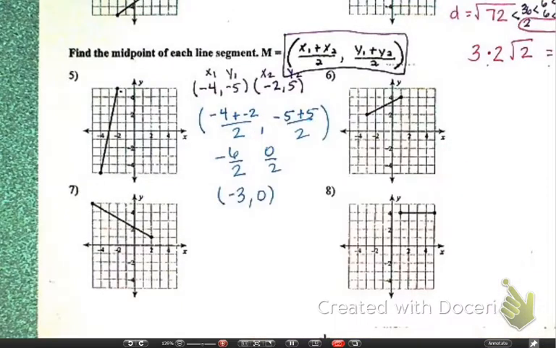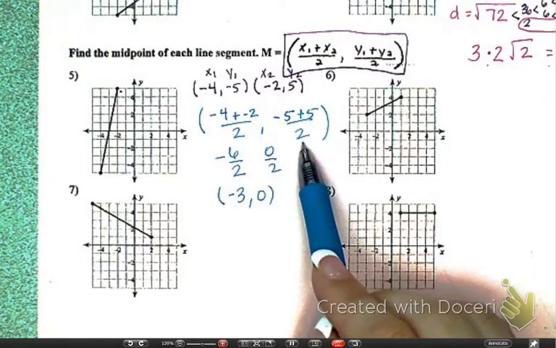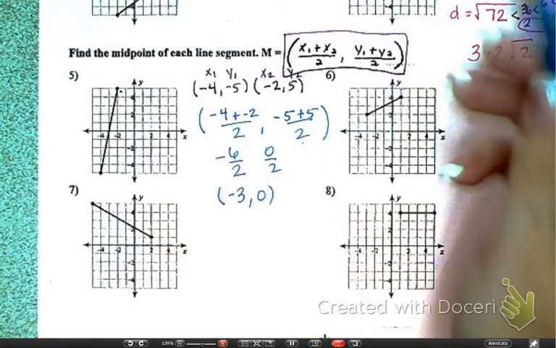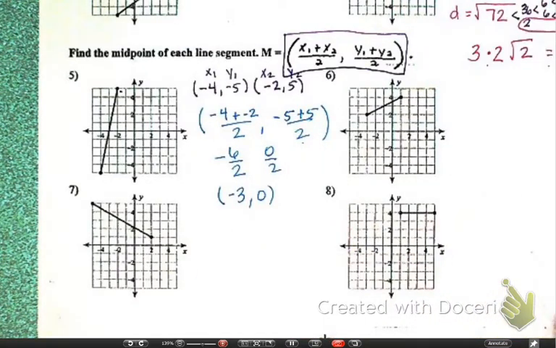Where does the 2 come from? Because it's halfway between, so we're dividing by 2. That's part of the formula right here.